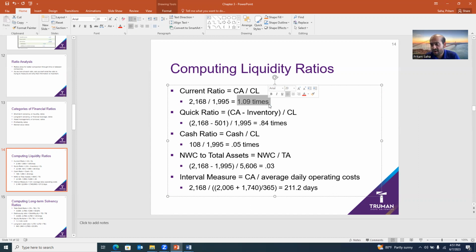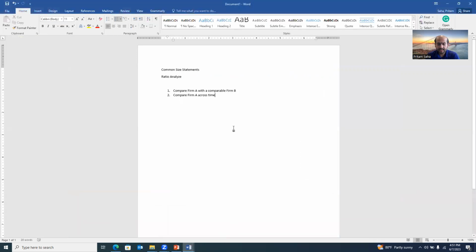There are two firms, firm A and firm B. Firm A is in the business of bread manufacturing. Firm B is in the business of, let's say, weapons or equipment manufacturing.